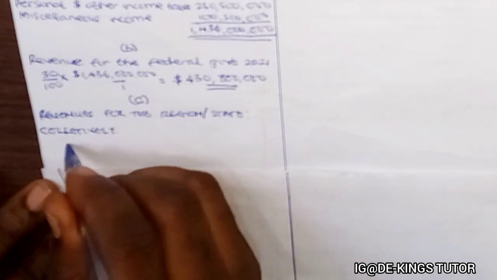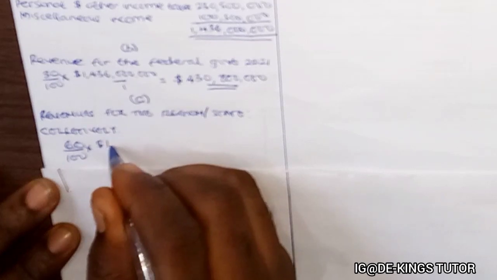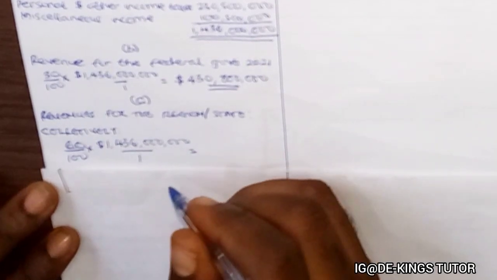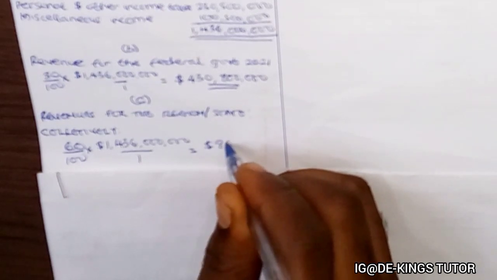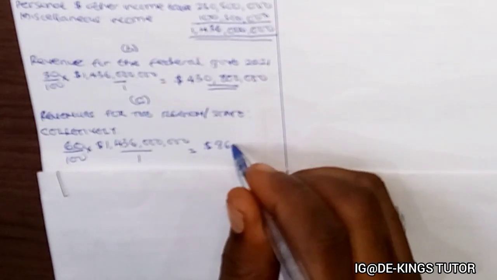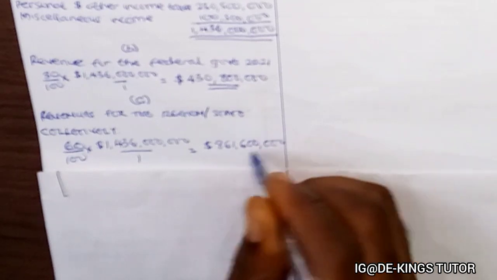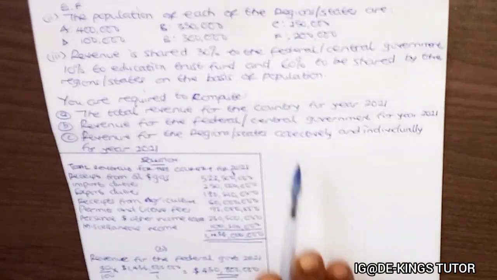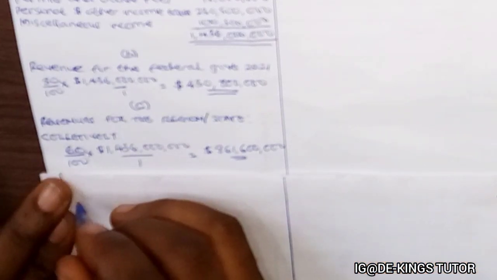So it will be 60 over 100 times 1,436,000,000. From my calculator, it will now be 861,600,000. So this is what will be shared collectively. Remember they said collectively and individually, so this is what will be shared collectively.